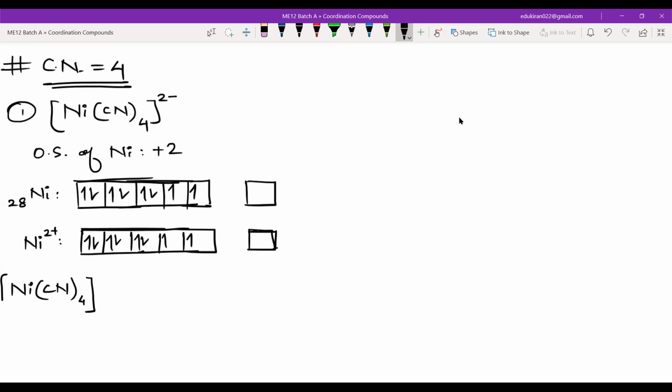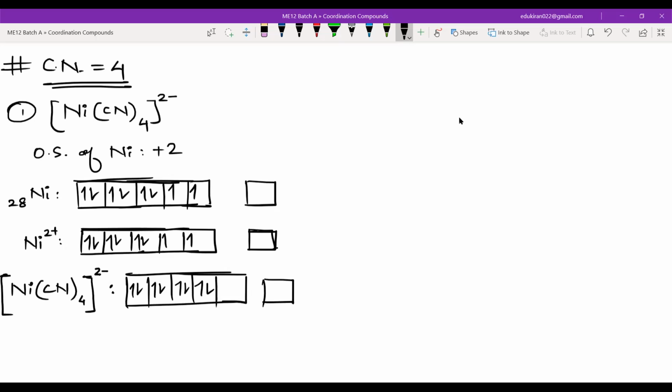So this is one of those ligands. And what is the reason for this? We will understand in crystal field theory, but now you can see that if it is CN, then you will have pairing. So these 2 electrons will pair. 8 electrons in the d.